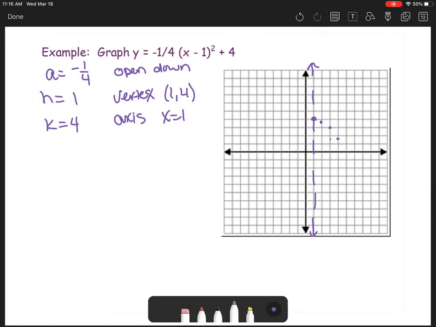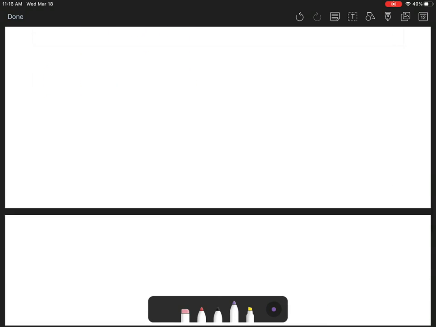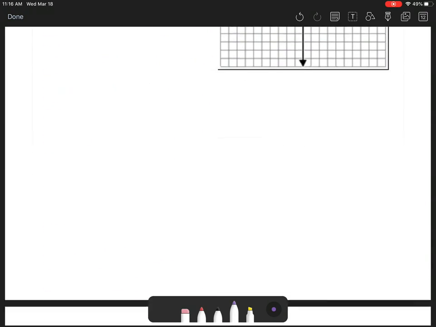Reflect those points across their axis of symmetry. And there we have our parabola as a nice smooth curve. The wider ones are a little bit easier to graph. Kind of making sense? Not so bad?